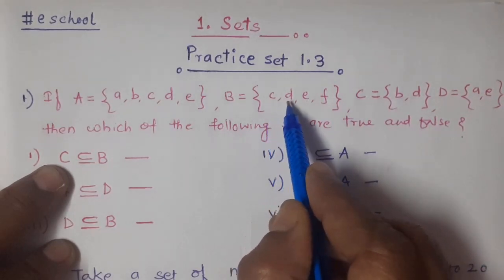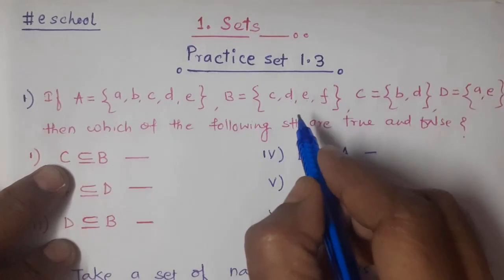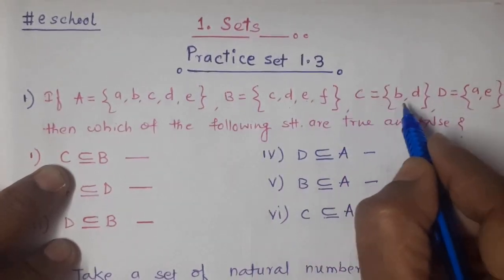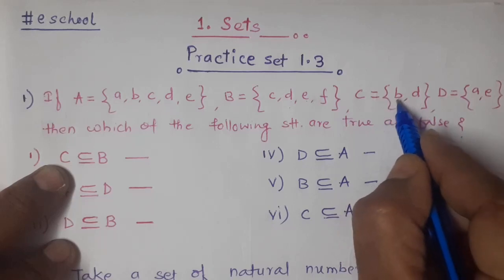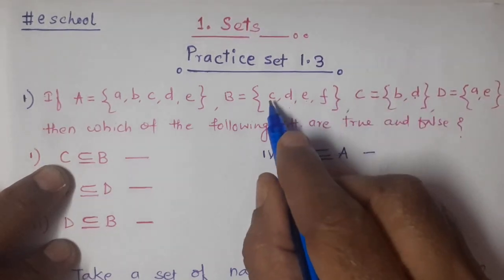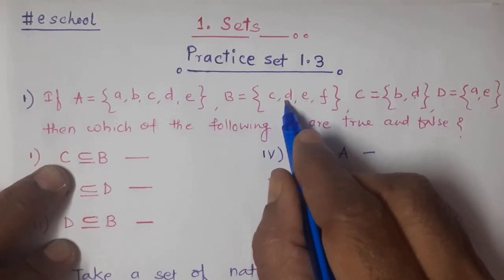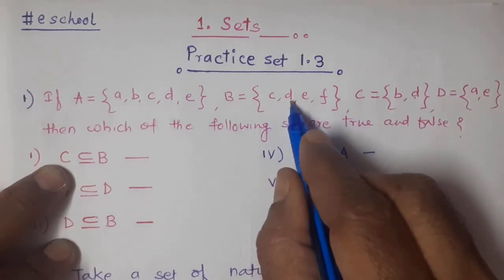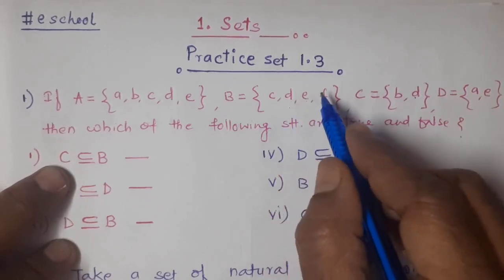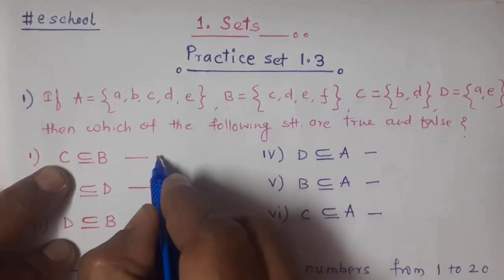But when you observe, in the C set B and D elements are there, but in the B set, the B element is not present. Only the D element is present. That's why the statement is false.